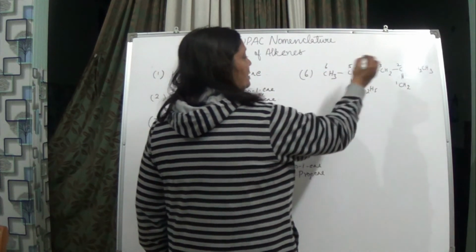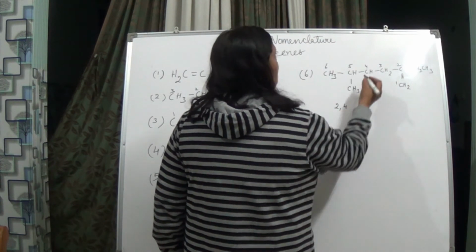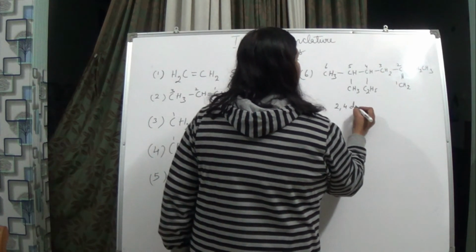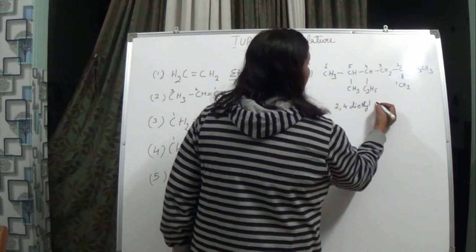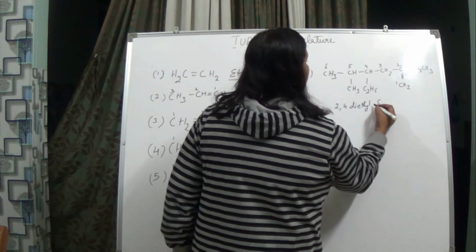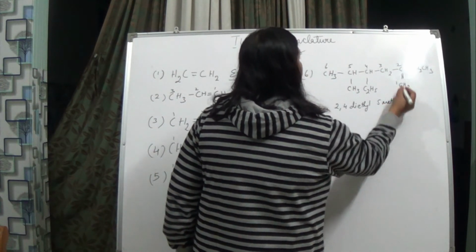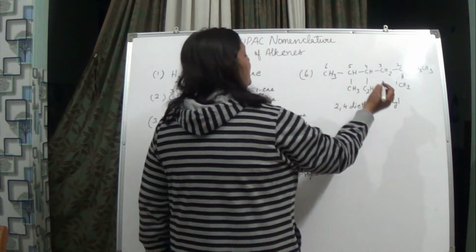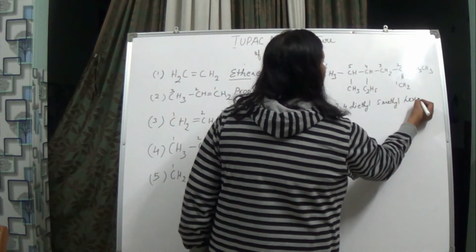So now the name becomes what? 2,4-diethyl, 5-methyl, and here there is a double bond and there are 6 carbon atoms, so it becomes hexene.